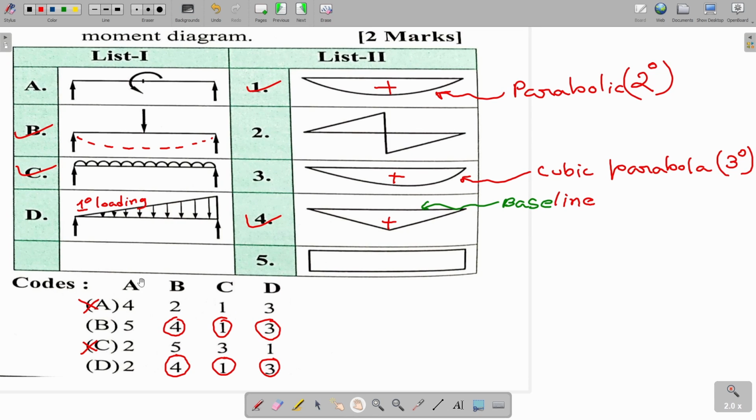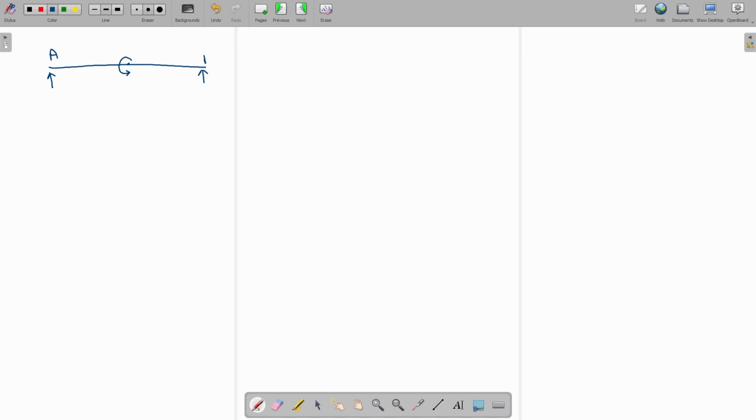Now for option number A, it is either 5 or 2. Now if we consider this diagram, this is A, this is B. Now the shear force diagram is constant. This is the shear force diagram.